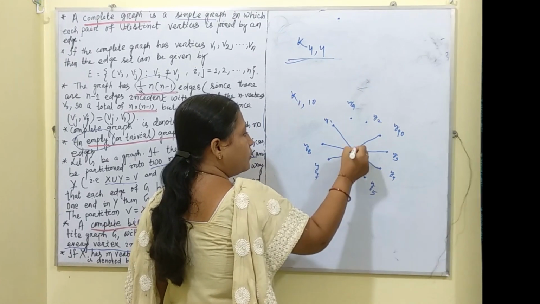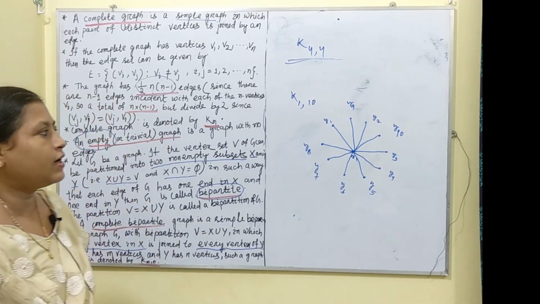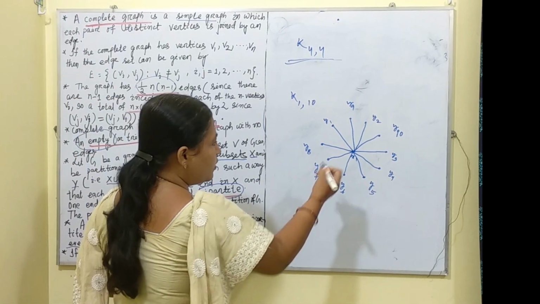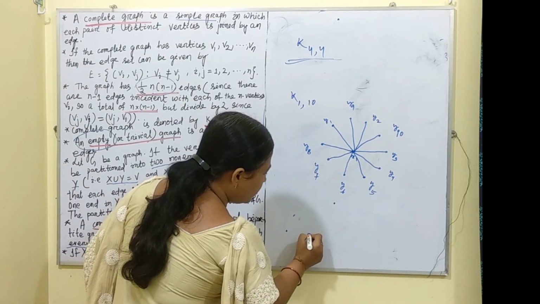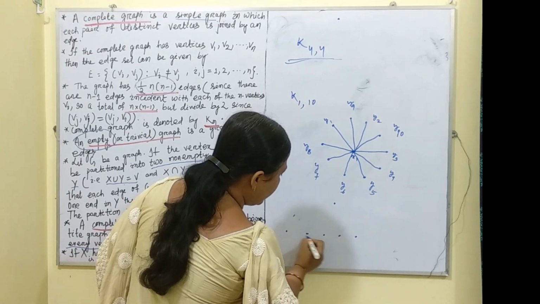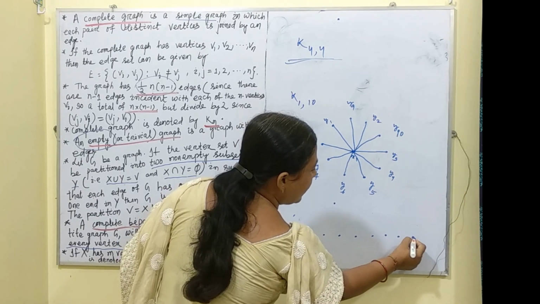So we can draw it in a similar way. Look, this is a star graph, and it is also called a complete bipartite graph, because we can draw this graph in this method, with vertices 1 2 3 4 5 6 7 8 9 10.